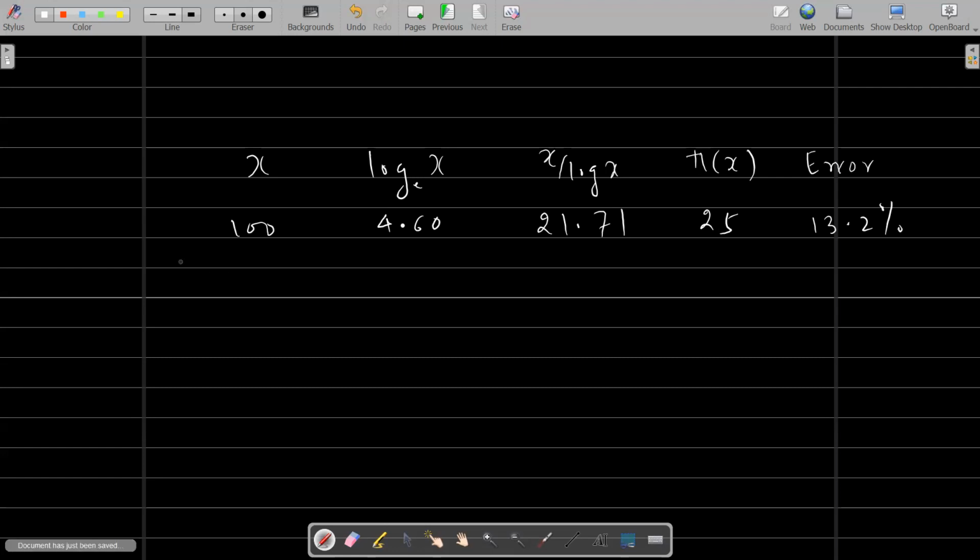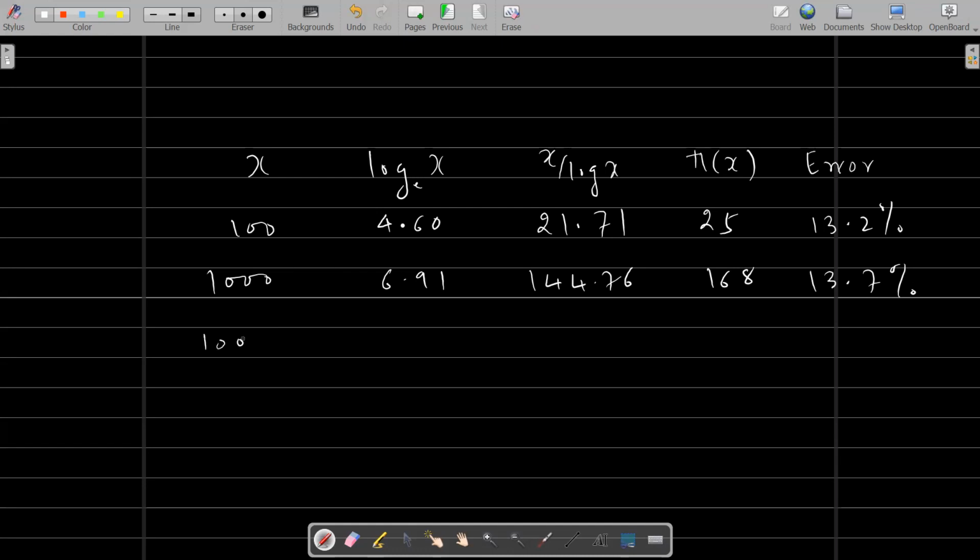For example, if you take 1000, log is 6.91, x by log x is 144.76, and the actual value of pi x is 168. So the error is 13.7%. So the error increases actually from 100 to 1000, but later on it goes on reducing.